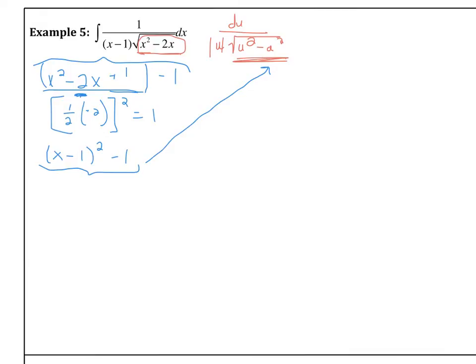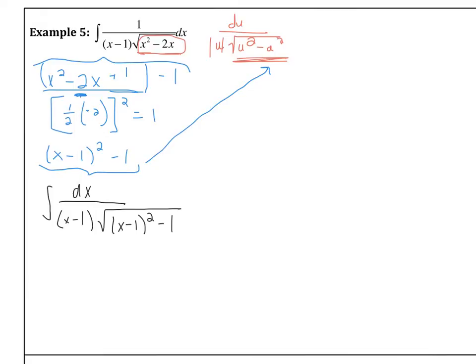So I'm going to first rewrite my integral with my new expression that I created by completing the square. Now under the radical, I have the quantity x minus 1 squared minus 1. Let's go ahead and do our u substitution.